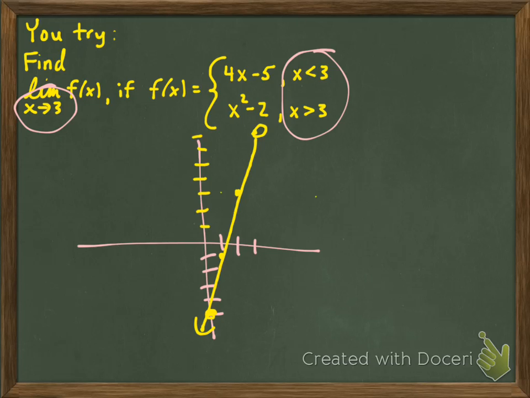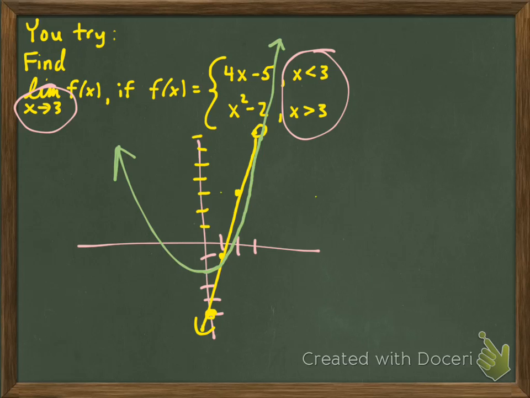And then x squared minus 2, let's try this in a different color. Okay, so we have x squared minus 2 when x is greater than 3. When you plug in 3, you get 3 squared is 9, minus 2 is 7. And so we would have this x squared minus 2 curve going up like this, like that, right?